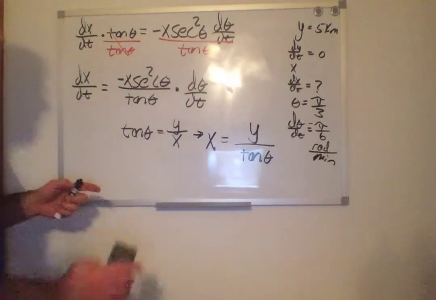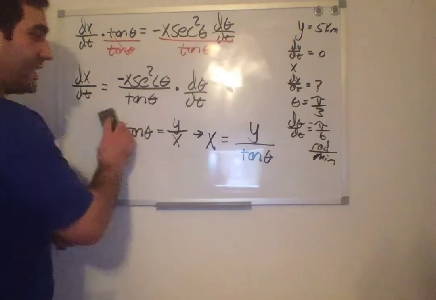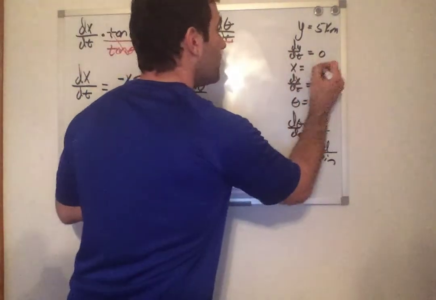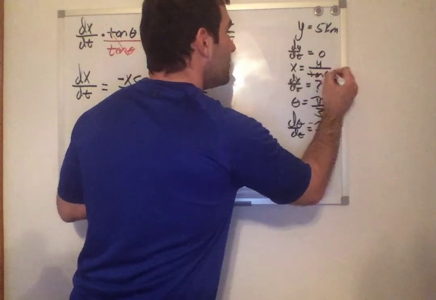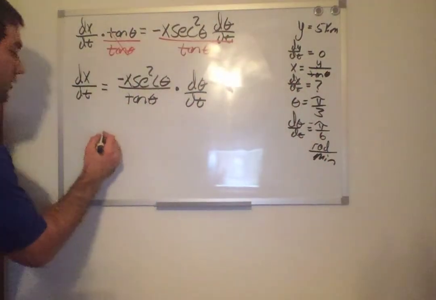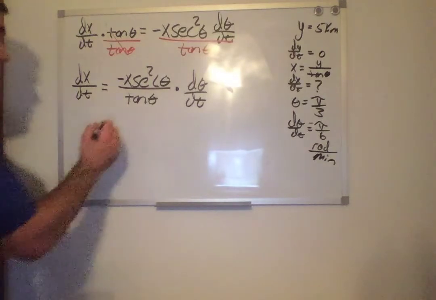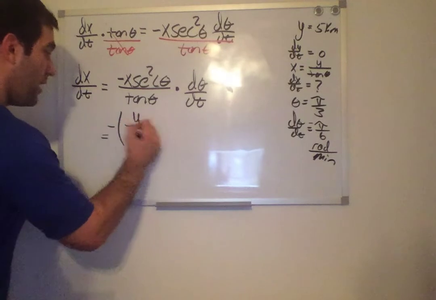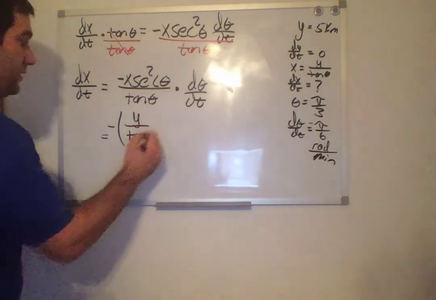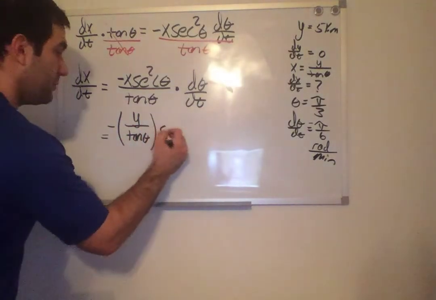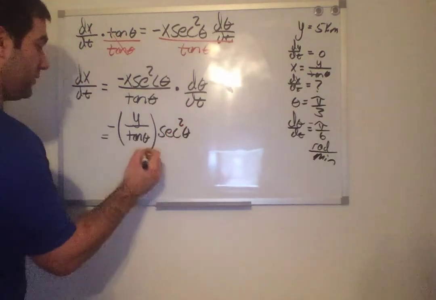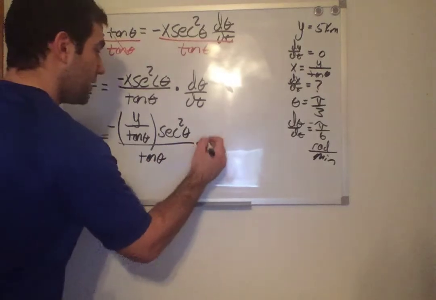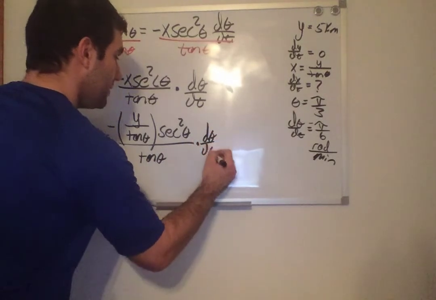So just remember, x is equal to y over tangent of theta. So the final expression becomes negative, x is y over tangent of theta, times secant squared of theta divided by tangent of theta times d theta/dt.